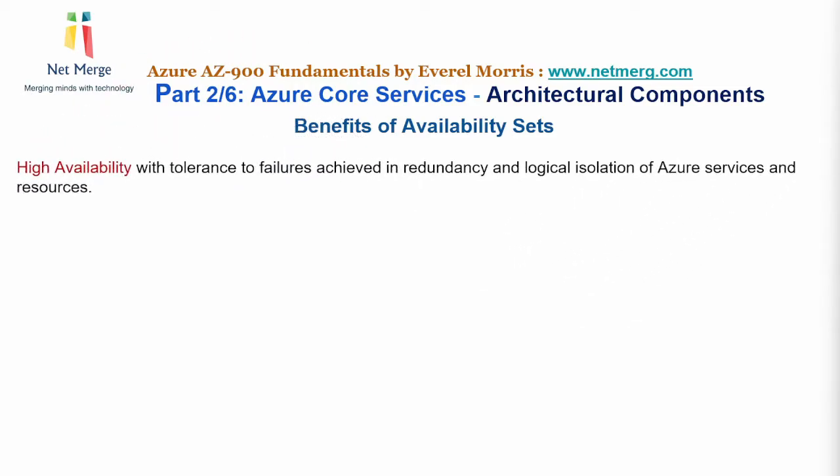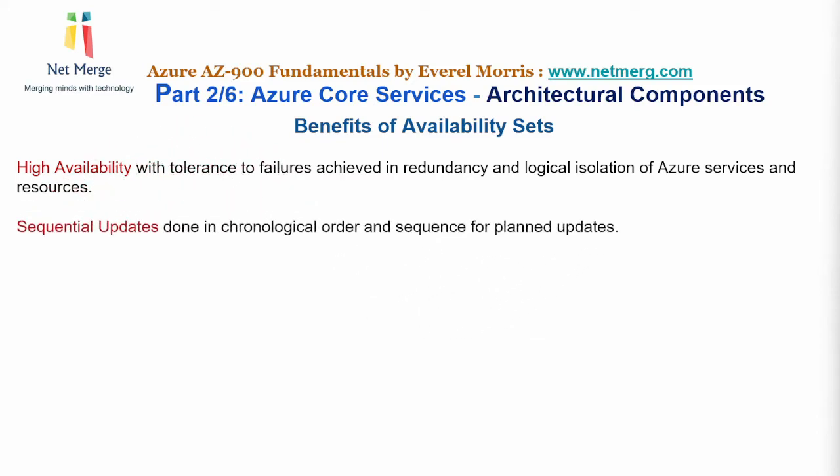Now let's look at the benefits of the availability set now that we understand what it is. High availability with tolerance for failure is achieved through redundancy and logical isolation of Azure services and resources. So you get high availability because there's logical isolation.